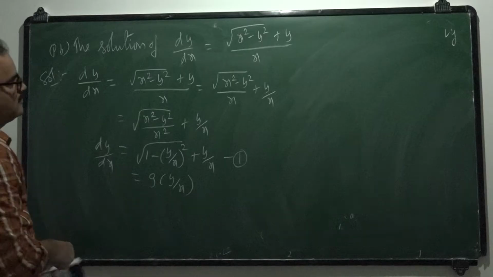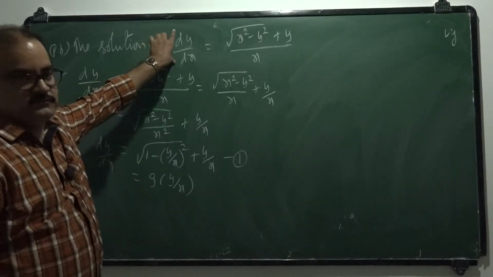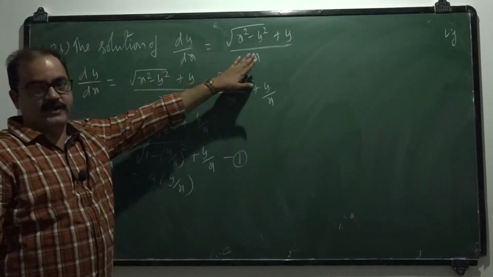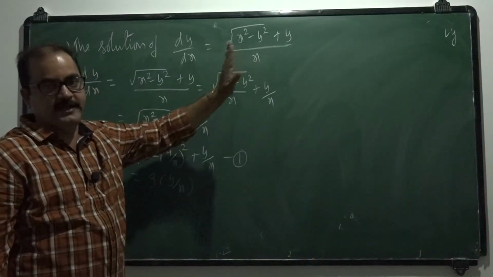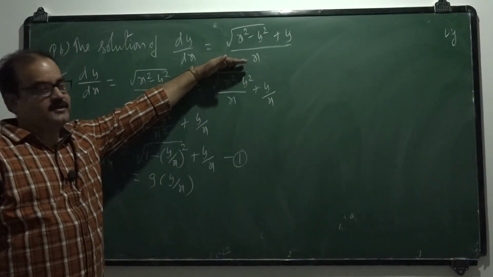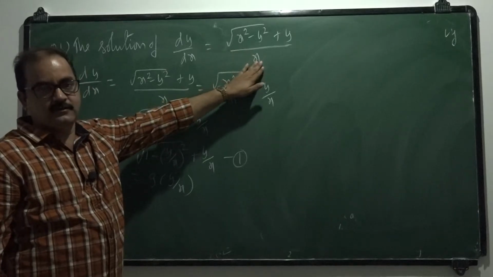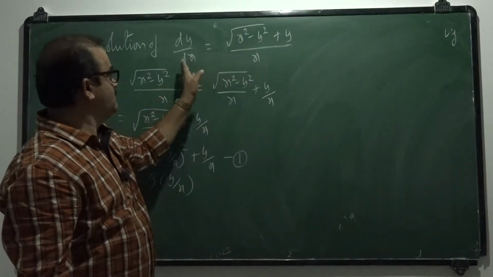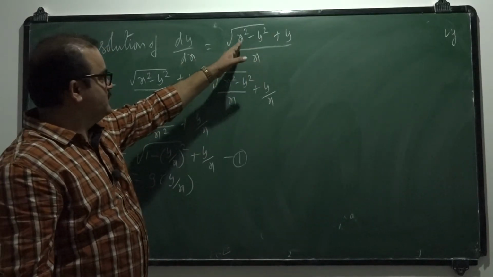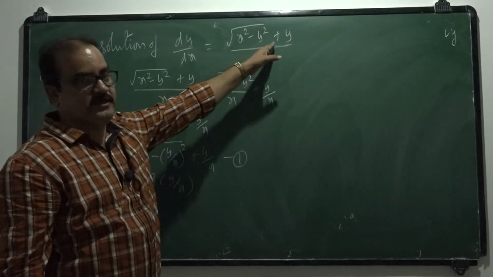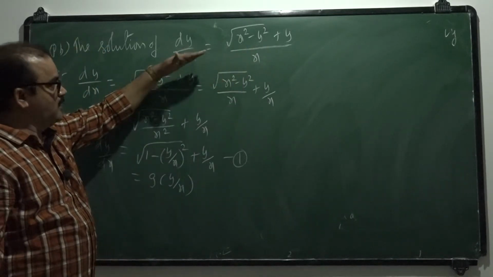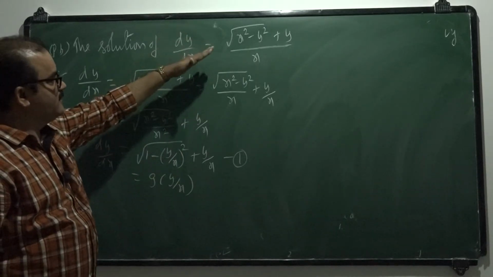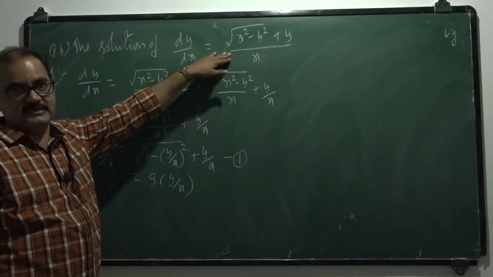See here, first of all, it is an important note: when the differential equation is given, first we check whether the variables are separated. If the variables are separated, then on integrating we get the solution directly. Here the variables x and y cannot be separated. In this function there is the root of x square minus y square. It cannot be separated. Now what is our next step? If the variables are not separated, then we examine whether it is homogeneous or not.